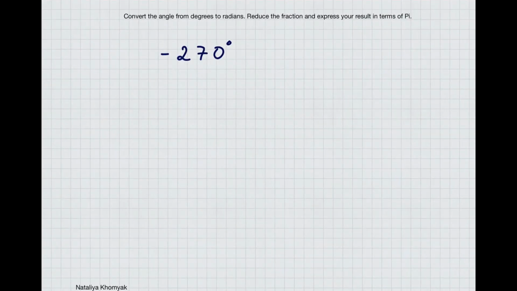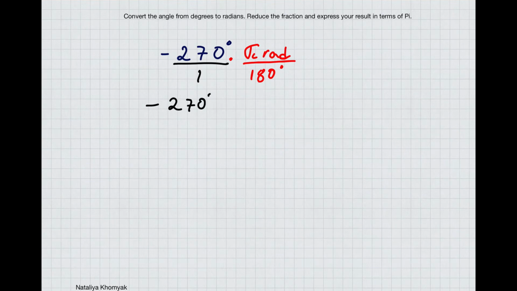Here we have to convert negative 270 degrees into radians. Procedure is still the same. We multiply by pi radians out of 180 degrees. 270 is out of 1, so we get negative 270 pi radians out of 180 degrees.